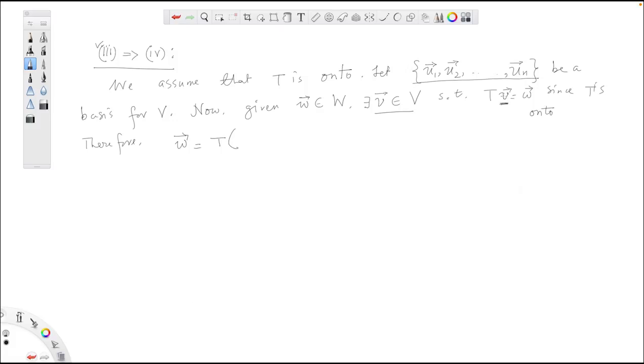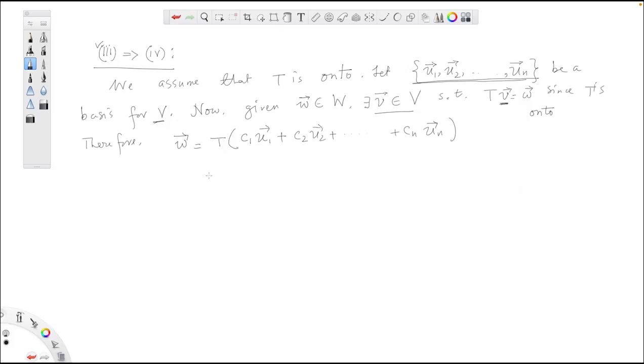Since vector V is an element in the vector space V, and this is a basis for the vector space V, let us write vector V as a linear combination of these vectors appearing in this basis set, where C1, C2 all the way up to Cn are the coefficients of the underlying linear combination.